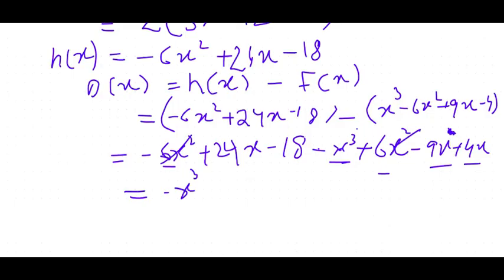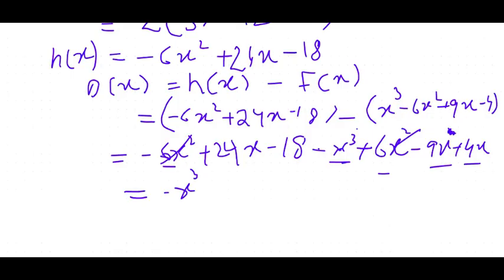We have 24x and 9 minus 9x. So it becomes 24 minus... Sorry, I caught my mistake over here.